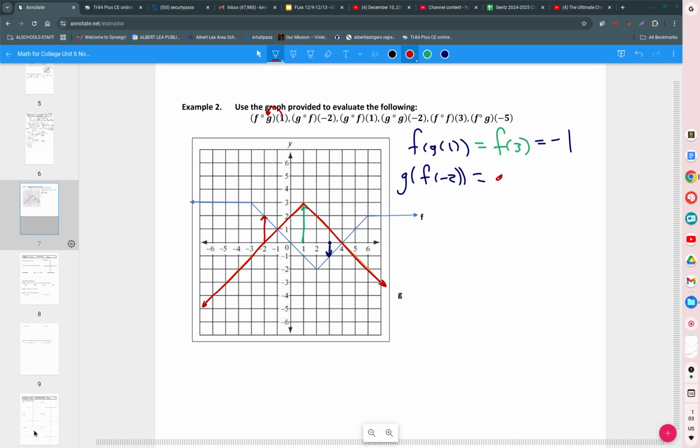So this becomes g of 2. What is the height of g at 2? f is -2. Oh, wrong line. Exactly. And that's probably the mistake that happens a lot, is we go maybe to the wrong graph. And I do that all the time. So I get positive 2 out of that.